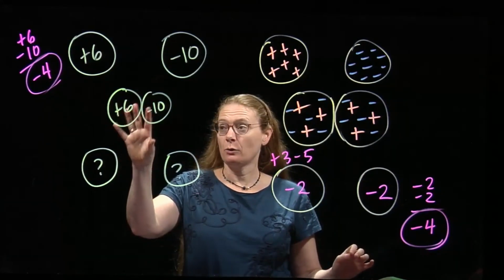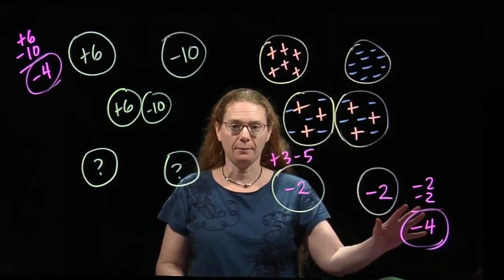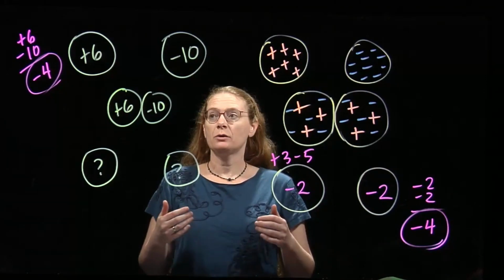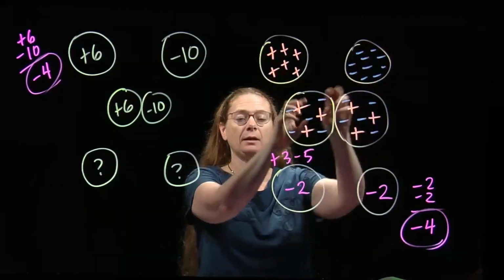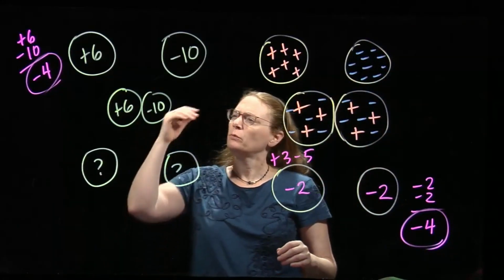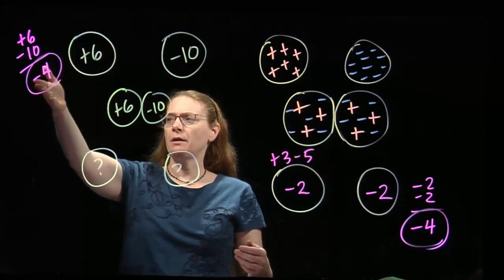However much total charge you started with has to be the same as the total charge you end with. And that leads us to the other way to solve these problems. So you can think about it in terms of the positives and negatives, what they're doing, and then add them up. You can also say, well, how much charge do I have at the beginning? I have -4.